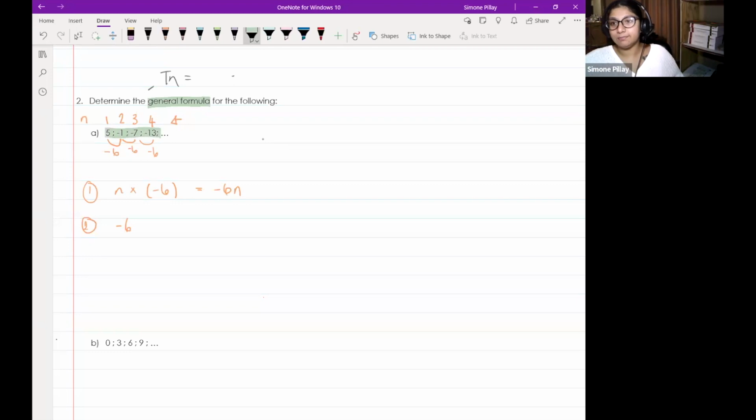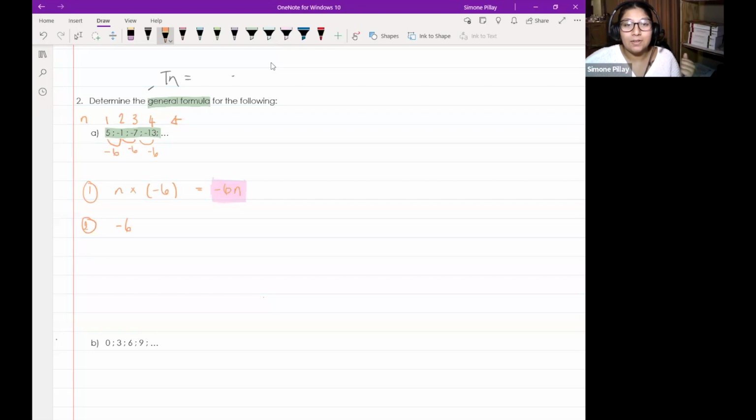You agree with me? Okay, great. Now that we've gotten this rule over here, we have -6n. Let's see if this rule is correct. So let's put in a term number and let's see if this gives us the correct output. You with me?